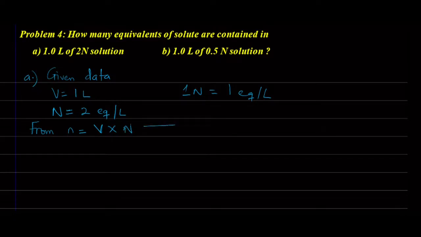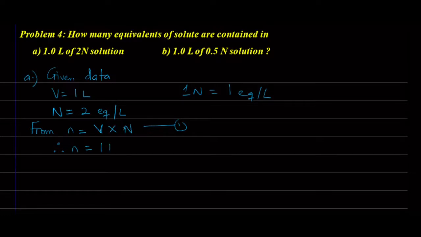So this is the equation we are going to make use of. The N represents the number of equivalents, V represents the volume, and N represents the normality of the solution.